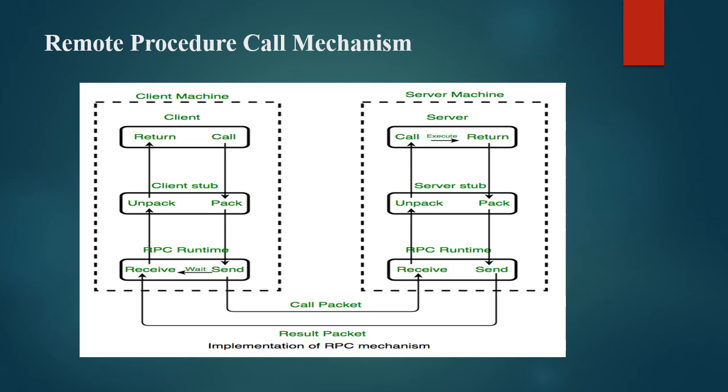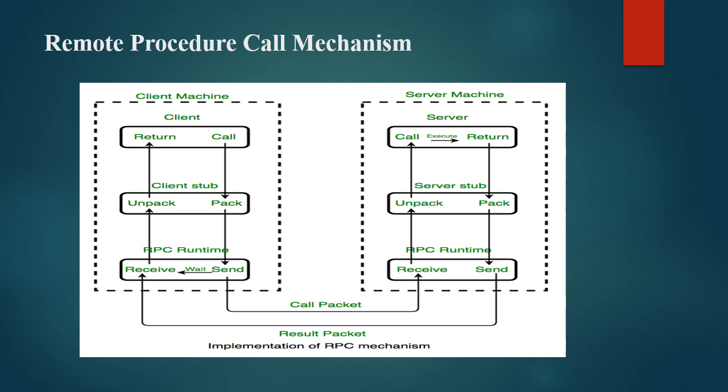The server identifies it, produces the solution, and returns it to the server stub. The server stub then packs this message and gives it to the RPC runtime on the server machine. It is given to the RPC runtime at the client machine. It's called the result packet. The RPC runtime gives it to the client stub.